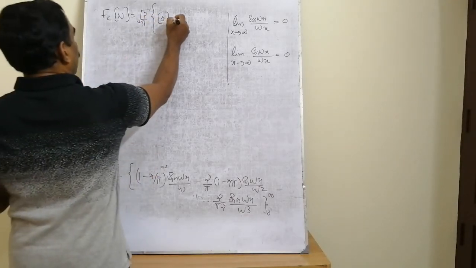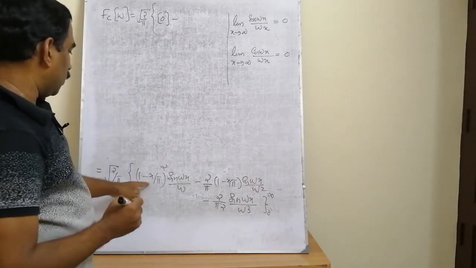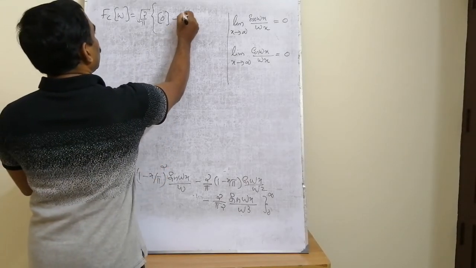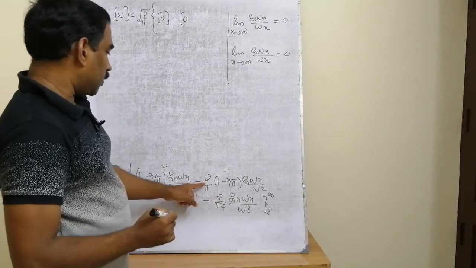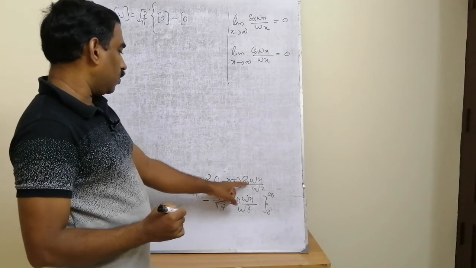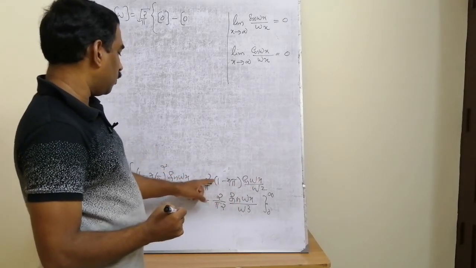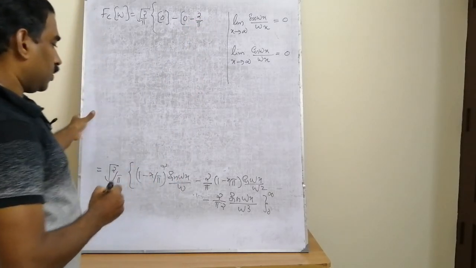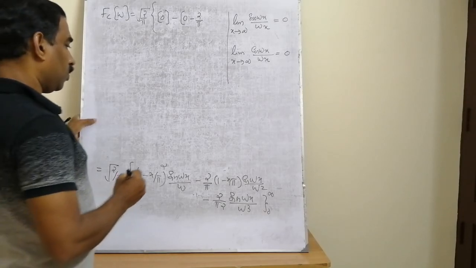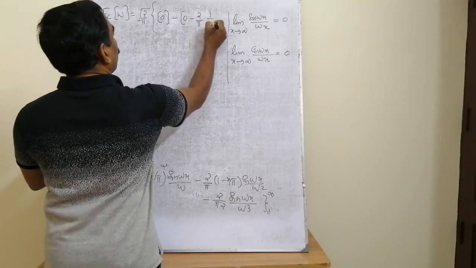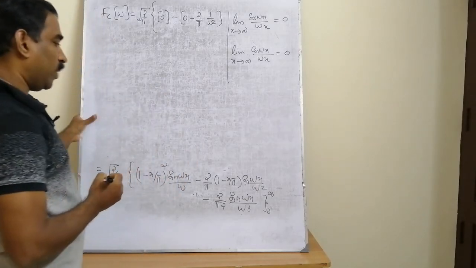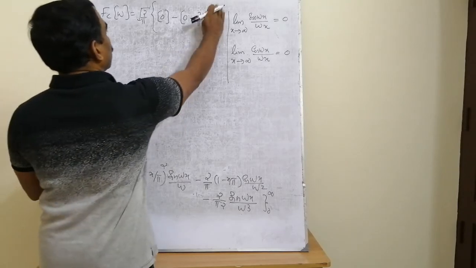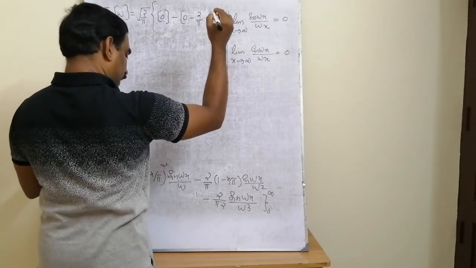And in the lower limit, we substitute every x by 0. Because x is 0, sin 0 is 0, so the first term is 0, minus 2 by pi into 1 minus 0 into cos 0. Cos 0 is 1. So we have minus 2 by pi into 1 by omega square, minus 2 by pi into 1 by omega square, and the third term, because of the presence of sin 0, is also 0, minus 0.